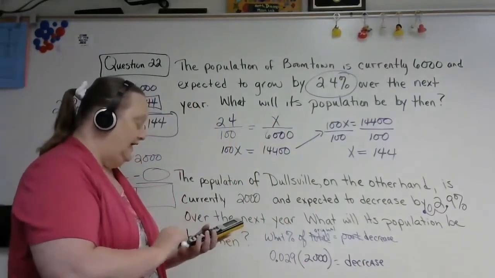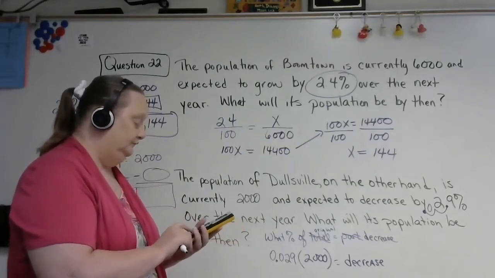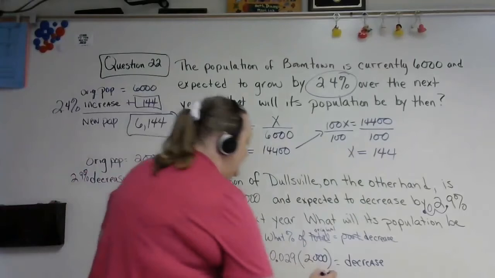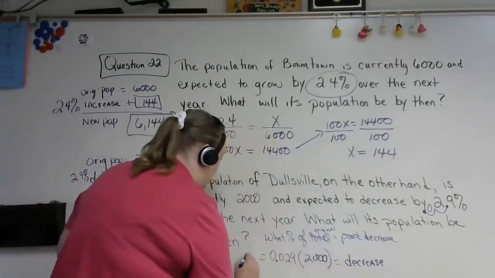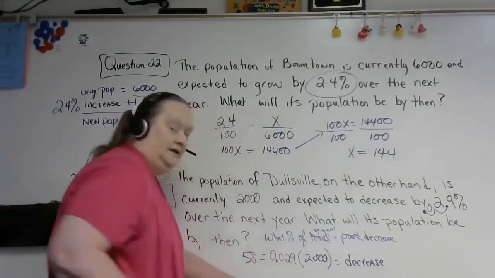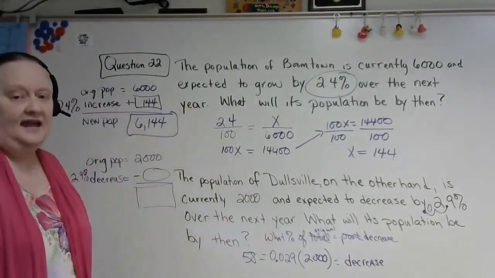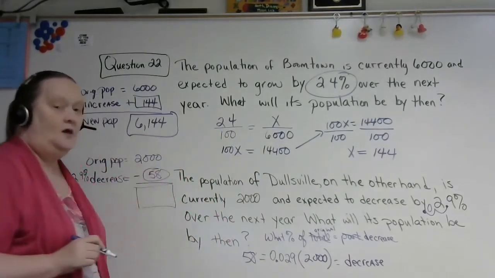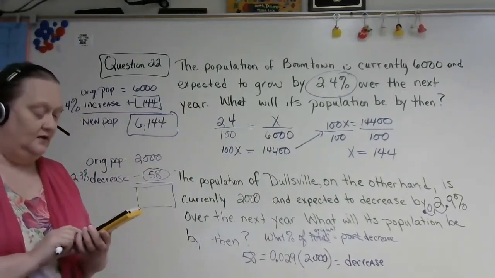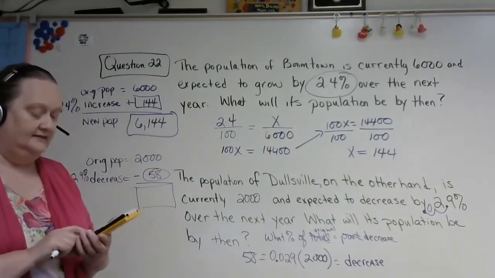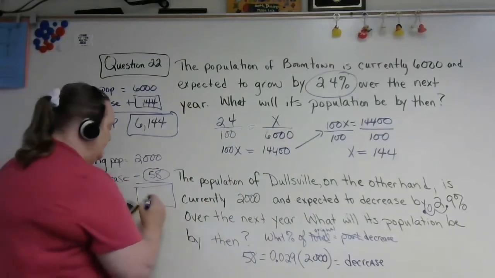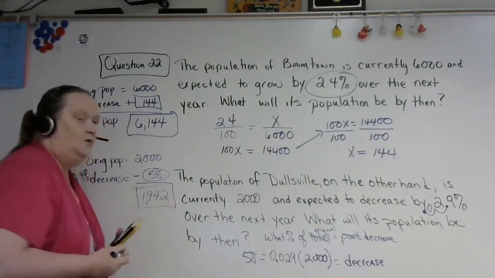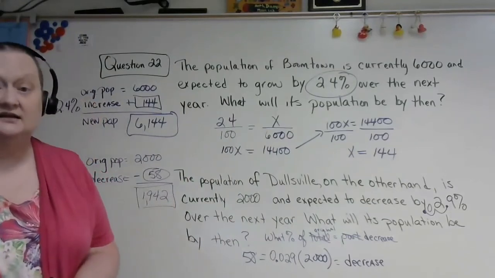When I multiply that out, it gives me 58. I'm just going to write the 58 here because that would be out of frame. So 58 people are moving out of Dullsville. 2,000 minus the 58 people gives me 1,942 people left in Dullsville.